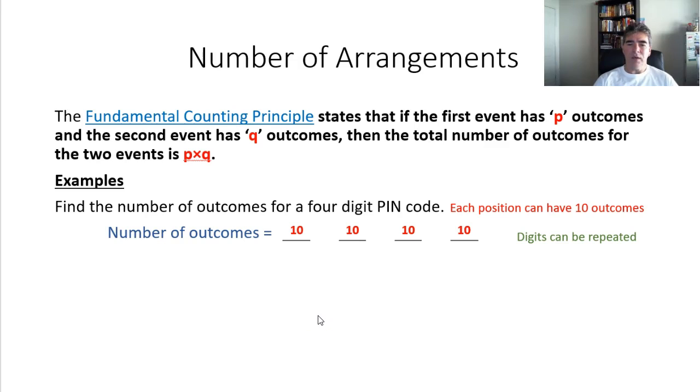And what we need to do with those is multiply them all together, and we end up with 10,000 different possibilities for a 4-digit PIN code. Now we could actually go and write down that list, but you're going to find that you're going to have 10,000 different ones. So very time consuming, and I don't suggest that you do that.